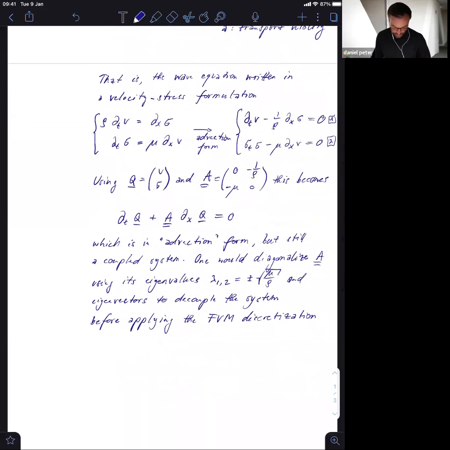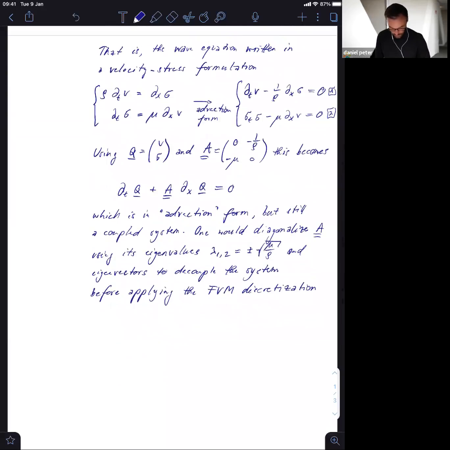Good. For us, basically, it's just to highlight how one approach using the finite volume method would look for the wave equation. And so for more details, you can look at, for example, Heiner Igel's book.